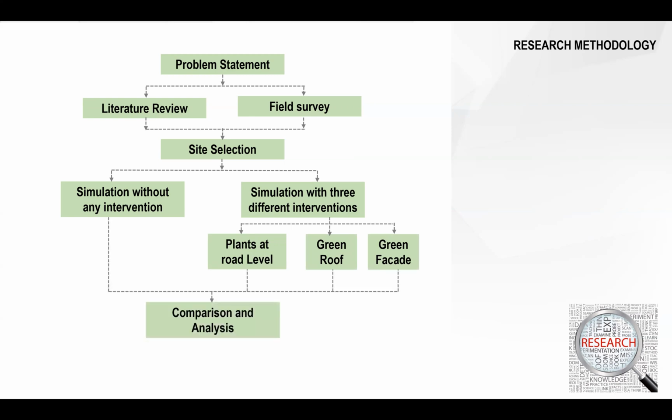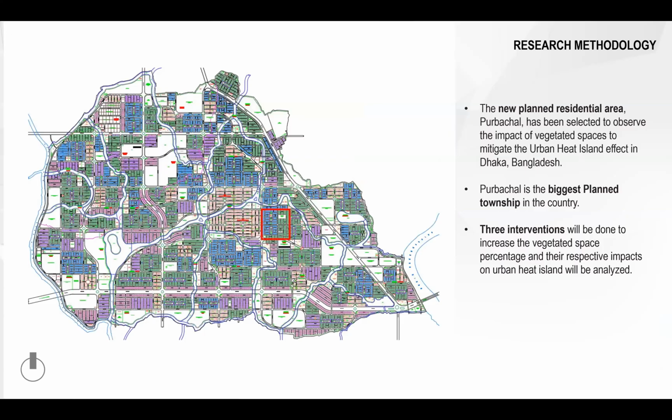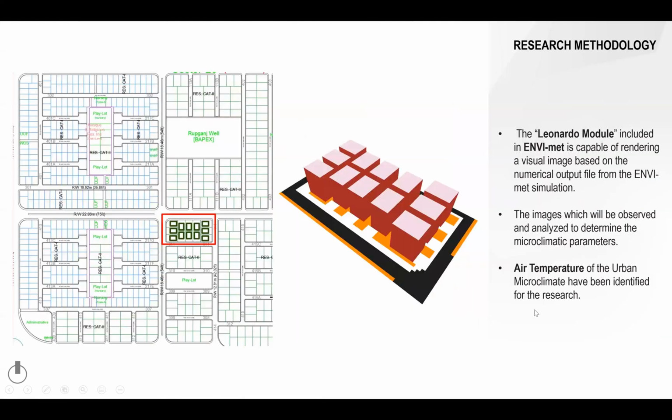The impact on air temperature is compared and analyzed, and some recommendations for the site are generated. For this study, the new planned residential area, Purbachal, was selected, and a small portion was taken for the research work.